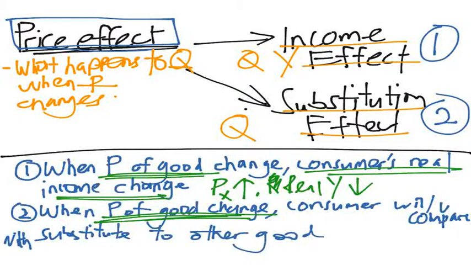Let's say the price of X increases. Compared to X, the price of its substitute will be cheaper, right? So this is what I mean by the consumer will compare it with other goods. Now we've understood these two parts.